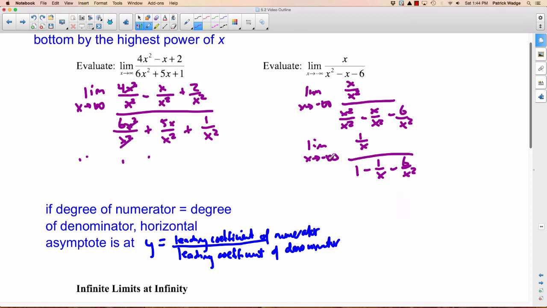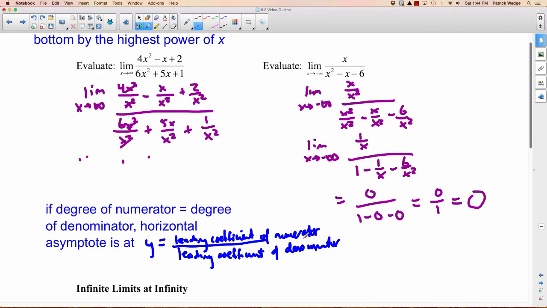If we're putting infinity or negative infinity into this denominator, 1 over negative infinity is basically giving you 0. On the bottom we have 1 minus. If you put negative infinity in here, or infinity, 1 divided by that is 0. 6 divided by 0. So what we end up with is 0 over 1, which is just equal to 0. Our horizontal asymptote is going to be at 0.